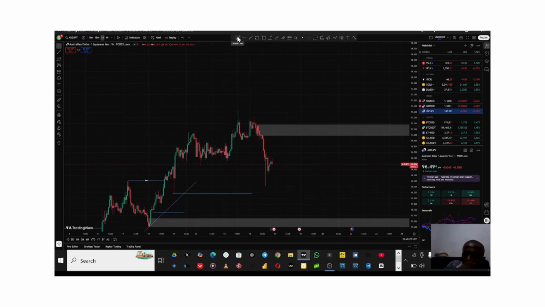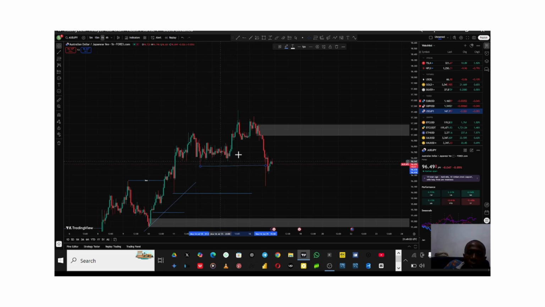Let me show you something here. The market broke the previous low here with a wick. It's not considered a valid break, it's considered a change of character, right?